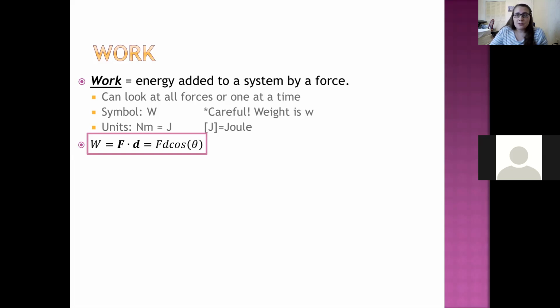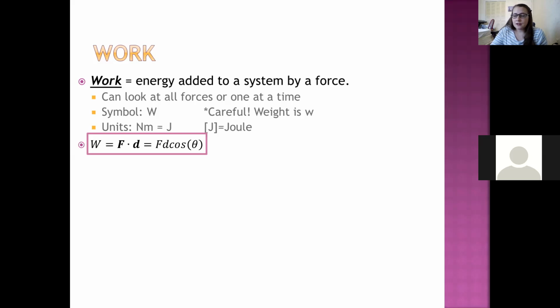And I told you that there are ways to multiply vectors together. We just weren't going to talk about it then because it wasn't relevant then. Well, now it's relevant. So one of the ways that we multiply vectors together is using what's called a dot product. There's also cross products, but we're not quite there yet.